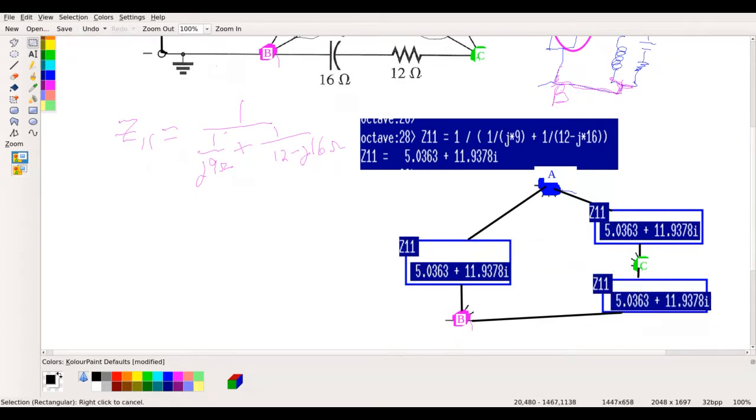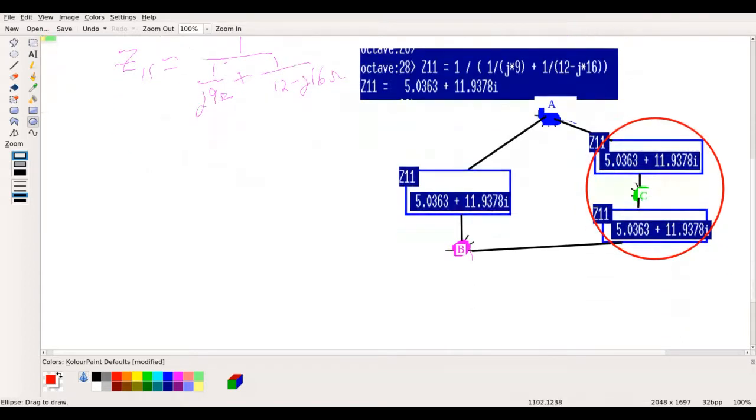Okay. However, these two are in series. So we can simply just add these two impedances together. So we can add those two together to get the total.